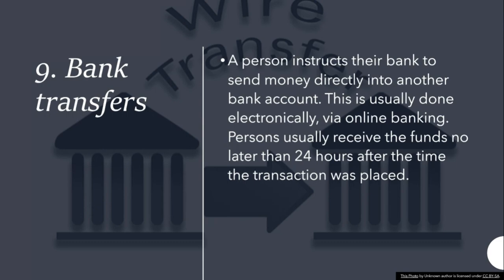Right? Number nine says bank transfer. So a bank transfer happens when a person instructs their bank to send money directly into another bank account. Right? So, for example, I have an aunt and I want to send her some money.